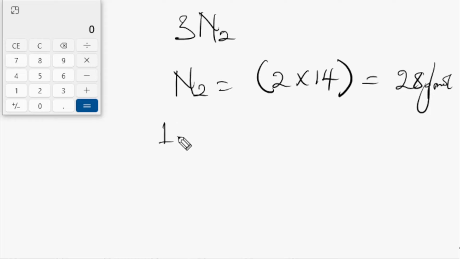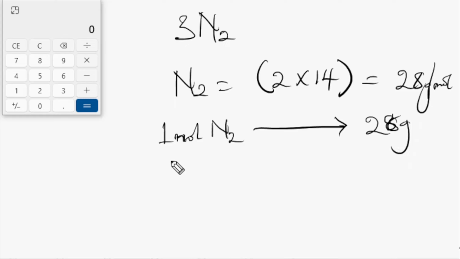So if 1 mole of nitrogen gas has 28 grams, then 3 moles will have x grams.